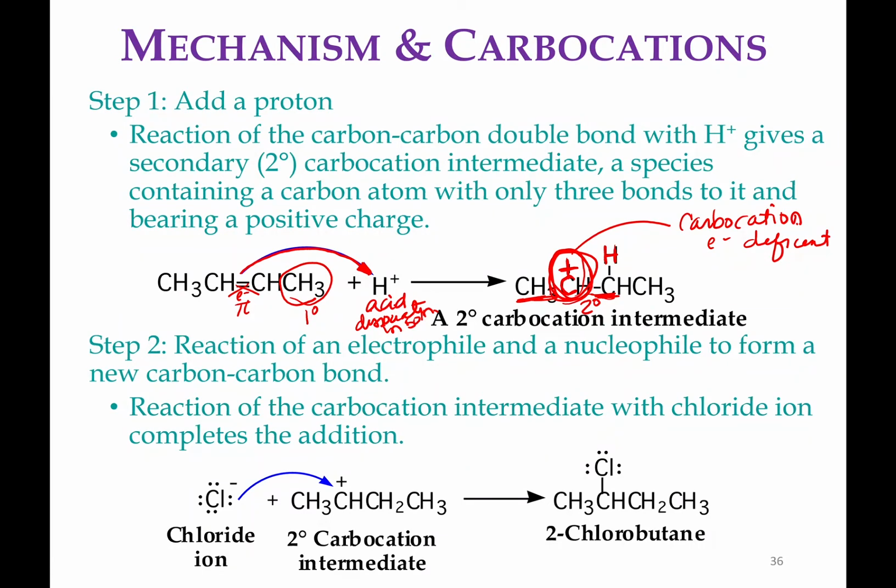It sees this chlorine in solution, if it came from the acid maybe, or it had another acid in solution. But if we're thinking that this is hydrochloric acid, this chloride is coming along, it's going to see that positive charge and it's going to be attracted to it where it can react. So the secondary carbocation reacts with the chloride that's in the solution and it forms the product 2-chlorobutane.